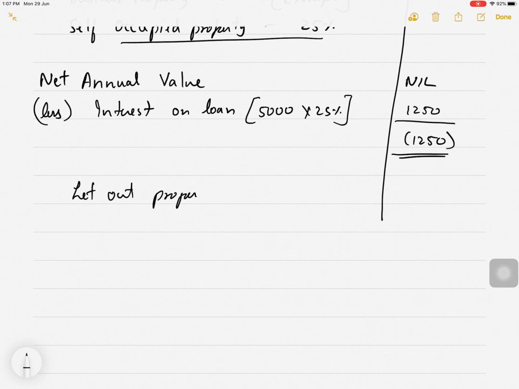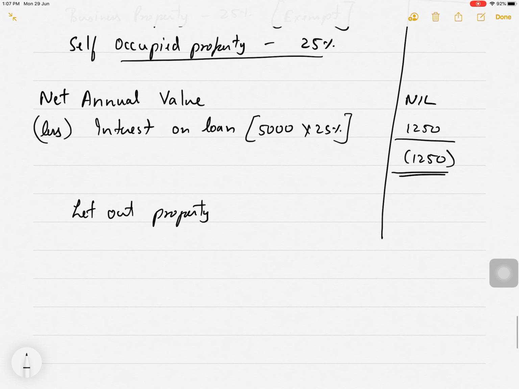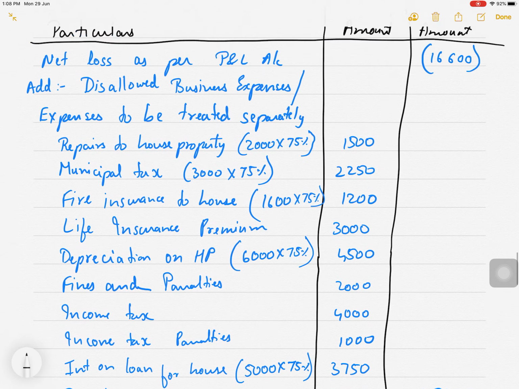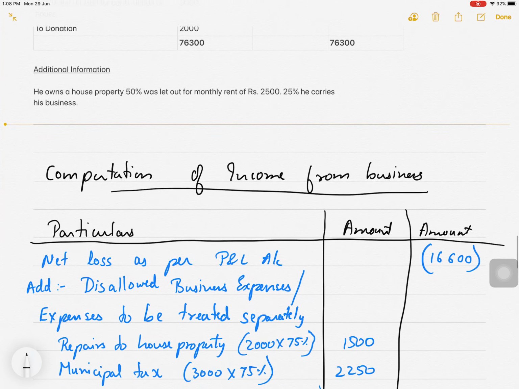The next part, which is let out property. Let out property is 50%. So rent received is given in the adjustment, correct?